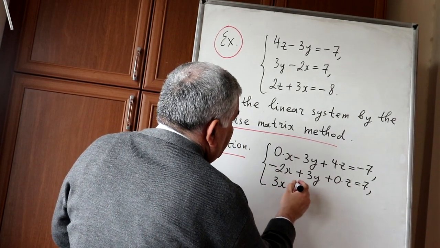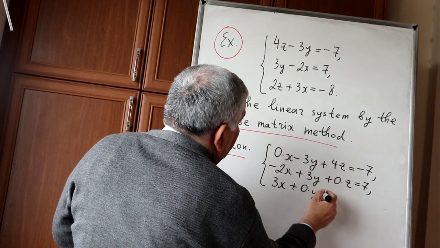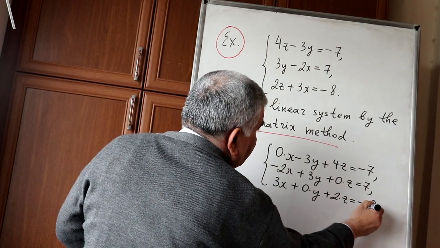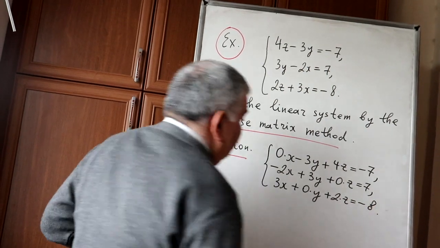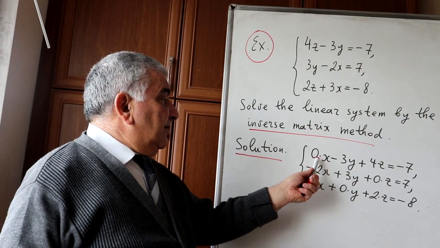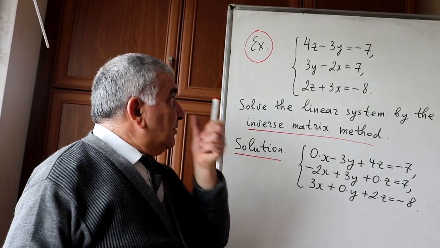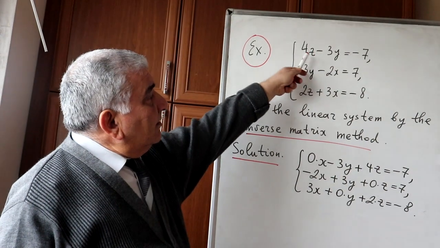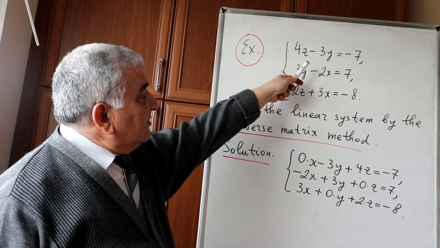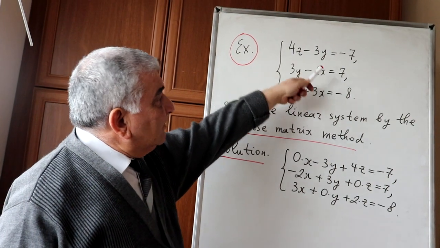3x plus 0y plus 2z equals minus 8. Here in the first equation, 0 multiplied by x, because in the standard form the term with unknown x is absent.